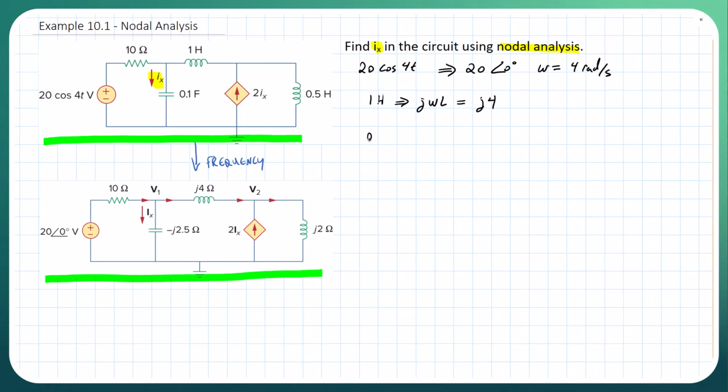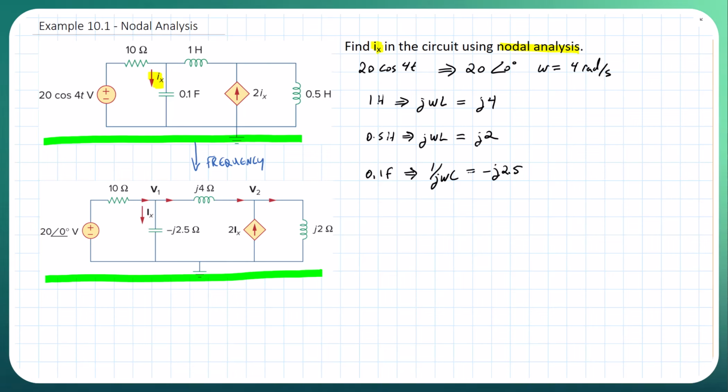Our other inductor is 0.5 Henry. Again, we do j omega L, and it gives us j2. Now we have the capacitor, which is 0.1 farads, and that's 1 over j omega C, which gives us minus j2.5.